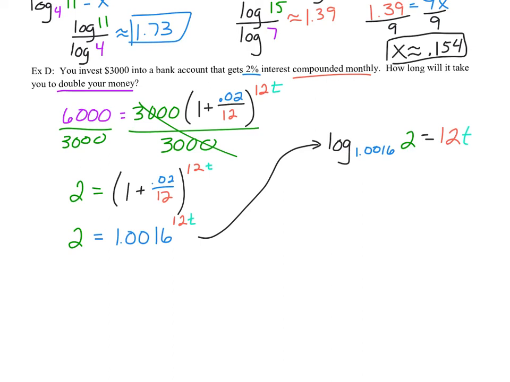Okay. All right, well, I know this logarithm over here, that's just a number, so let's figure out what that is. So I need to use my change of base formula. So I'm going to do the log of 2 divided by the log of 1.0016.